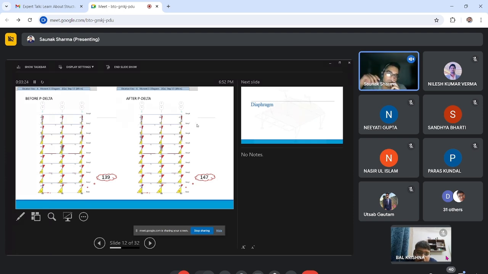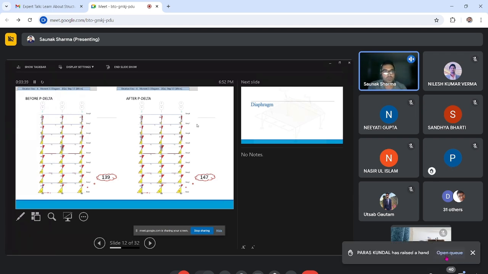So in summary, after 10 stories, if we consider P delta analysis, we will be on the safer side. So we can conclude this P delta analysis at this slide.